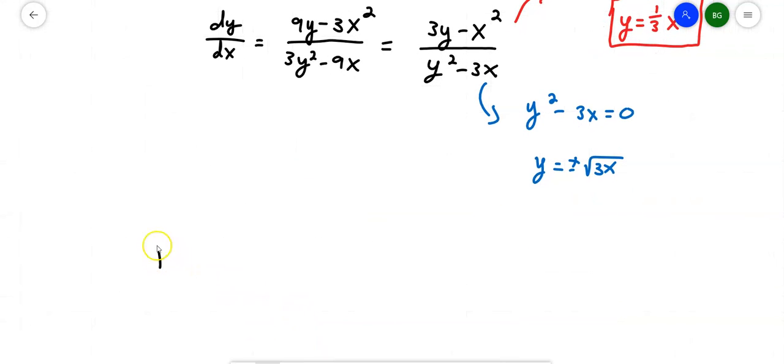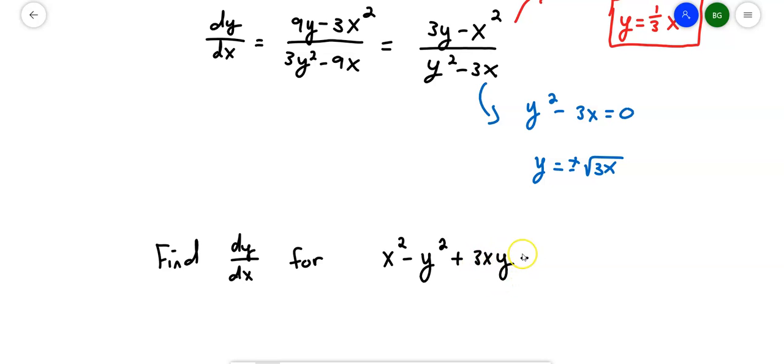Let's find dy/dx for, let's find a good curve here. Let's do x squared minus y squared plus 3xy equals 1.